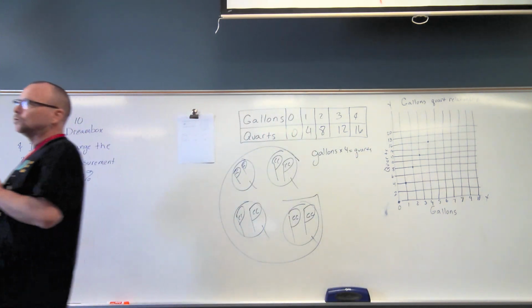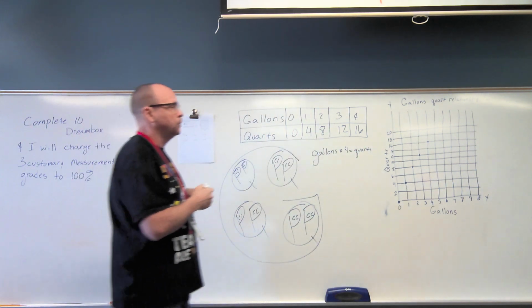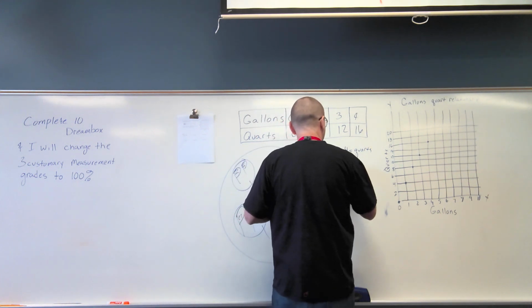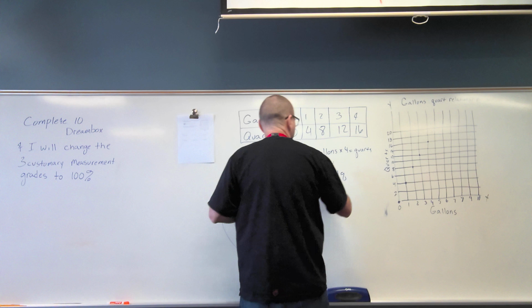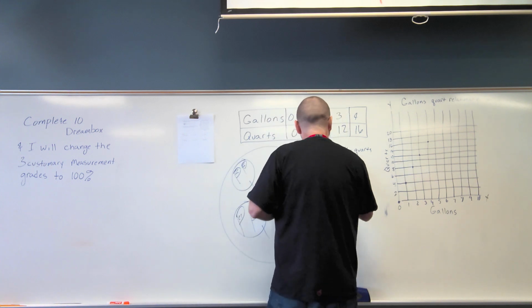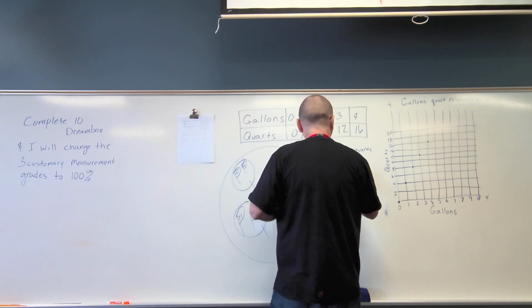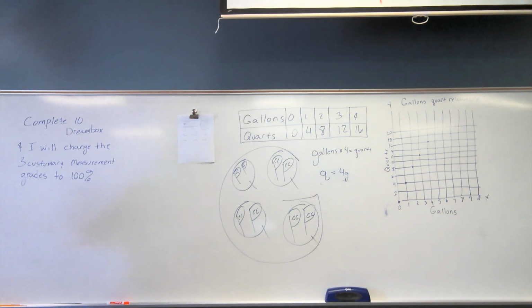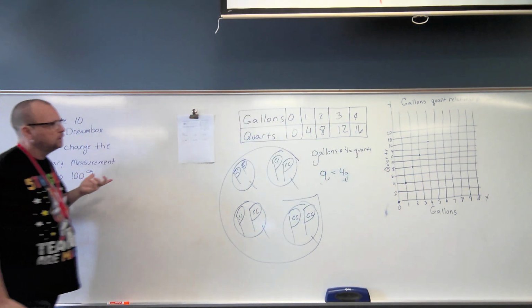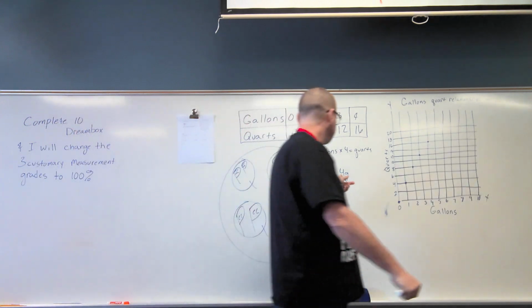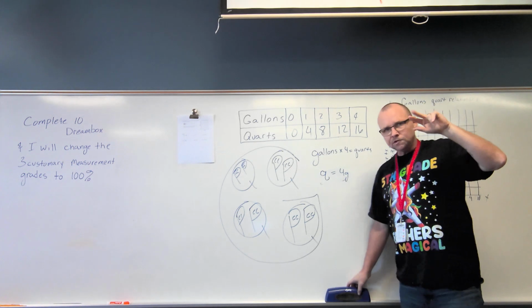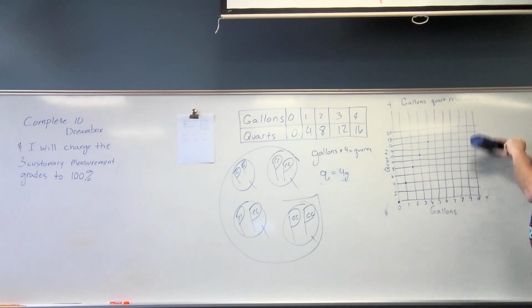Or, if they make it an algebraic expression, Q equals 4G. Quarts equals 4 times gallons. A number and letter written side by side means multiply.